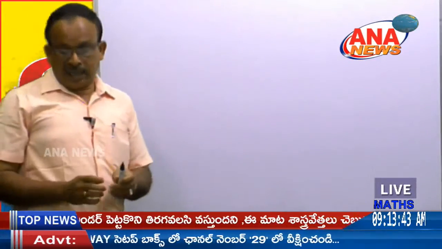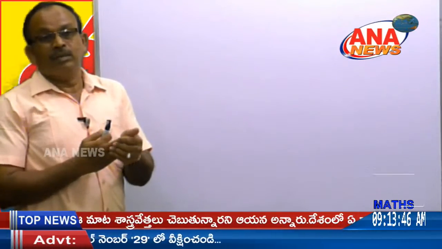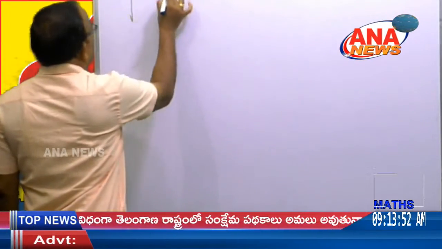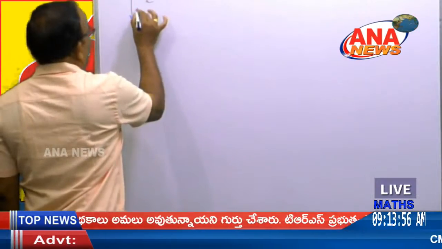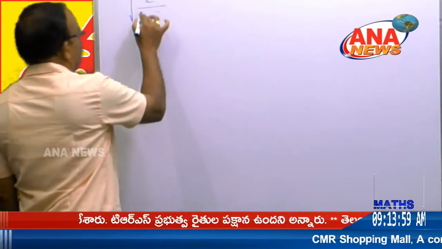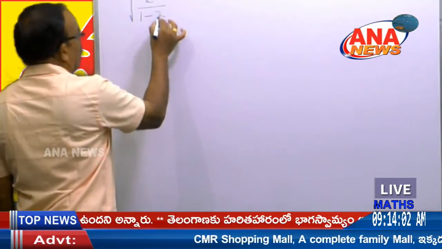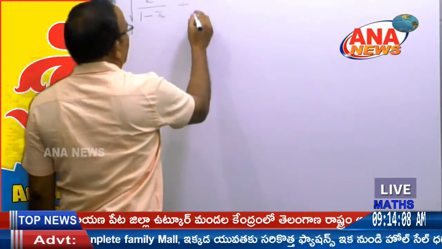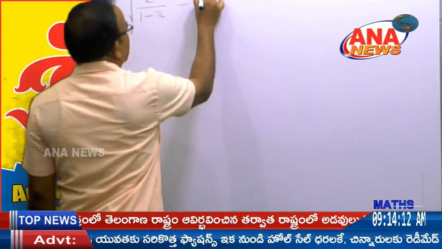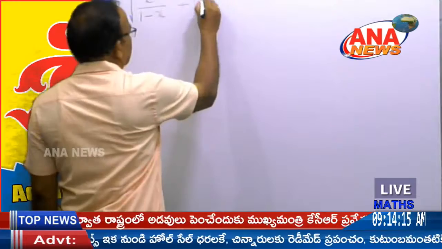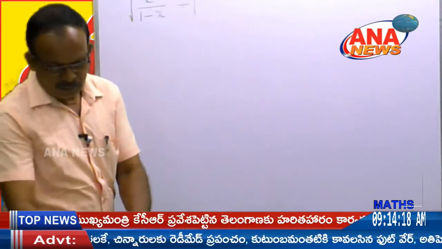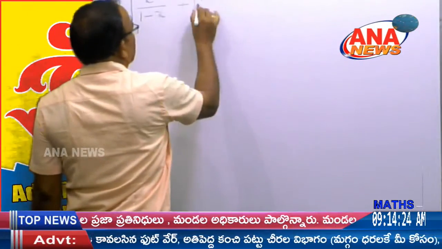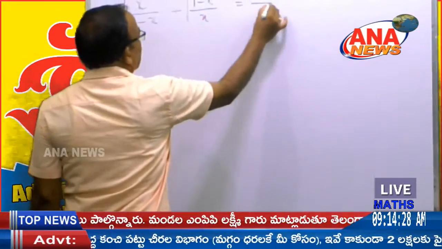Okay, suppose another example: root over x by 1 minus x plus root over 1 minus x by x is equal to 13 by 6.